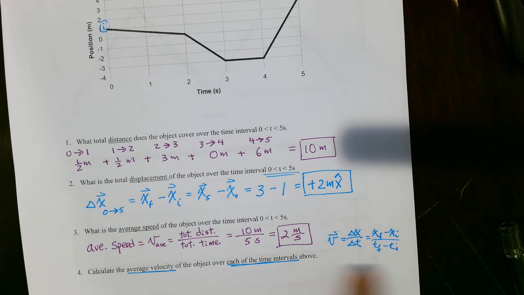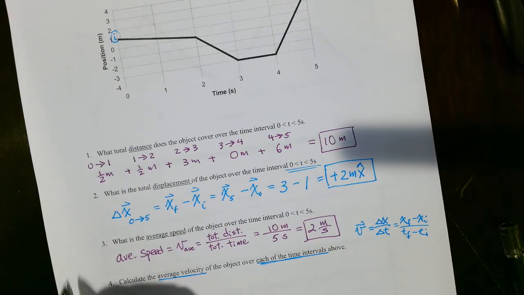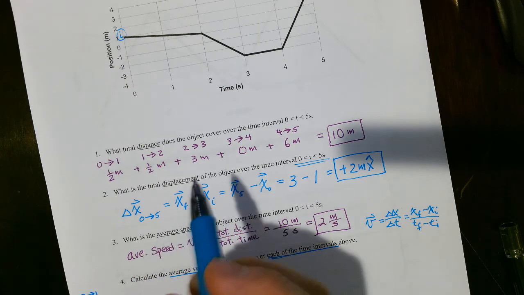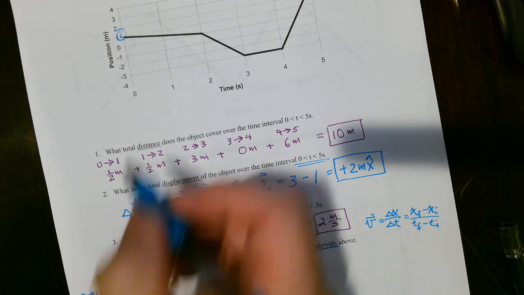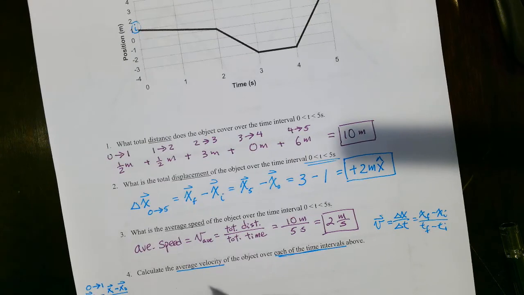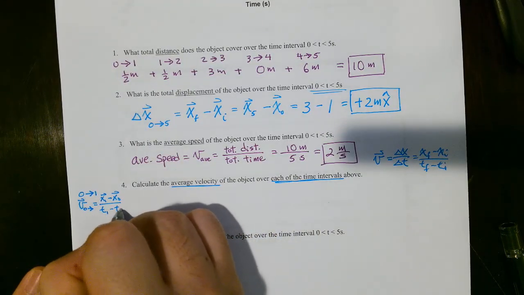But we're going to do it for each individual time interval. So first we're going to look at 0 to 1 second. For 0 to 1 second, what do we have? We have v from 0 to 1 is equal to x1 minus x0 over t1 minus t0.